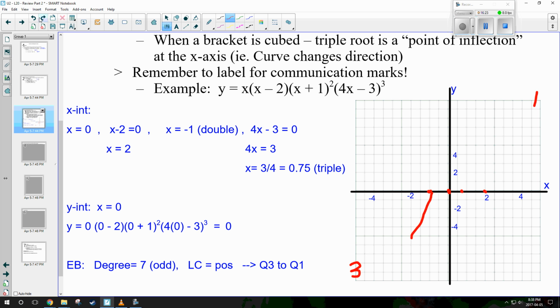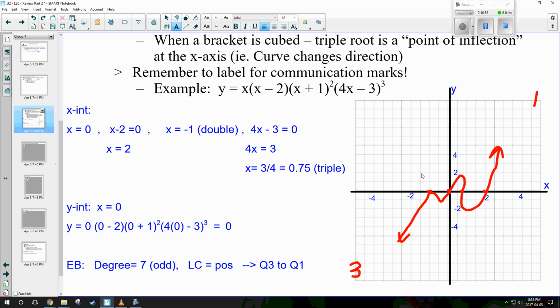Oh, and you have to excuse me, this is a little bit harder when I'm doing this on my computer. So it hits this root and bounces because it's a double. This one it just goes through regularly. For this one here though, it needs to curve kind of down in like an N shape here. And then because it's a triple root, it needs to switch directions. So it needs to come into a U shape and then go back through this one and end in our quadrant 1 up here. Now this is a little bit hard to see because it's a little bit squished.